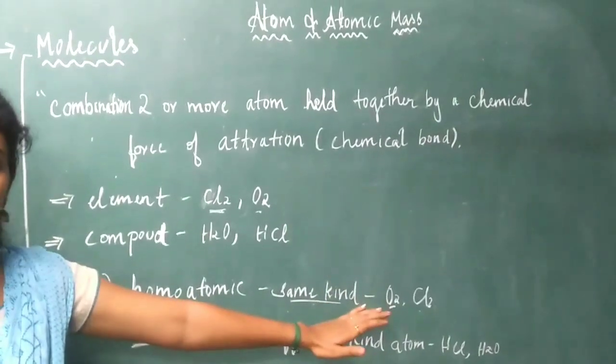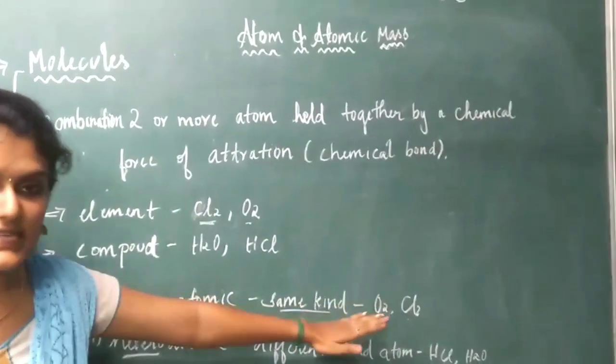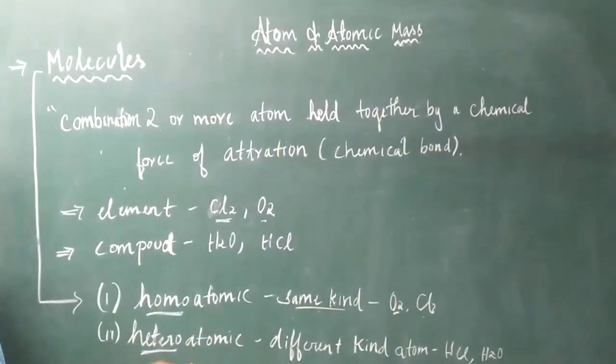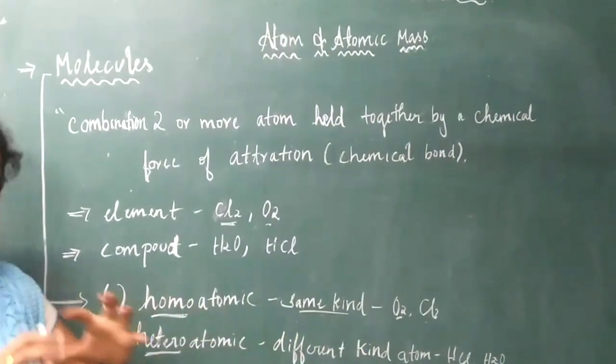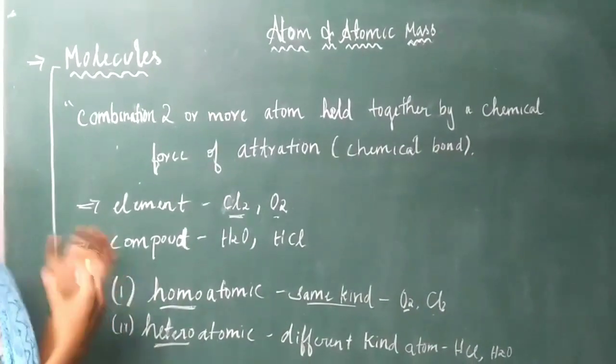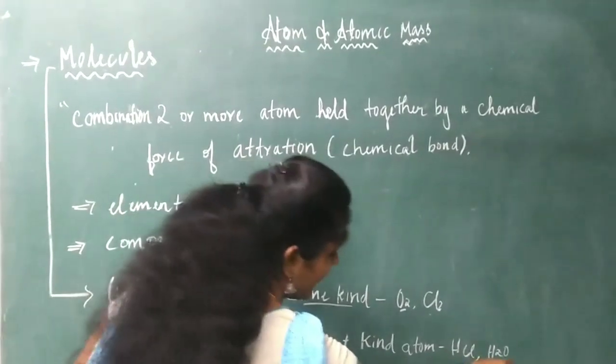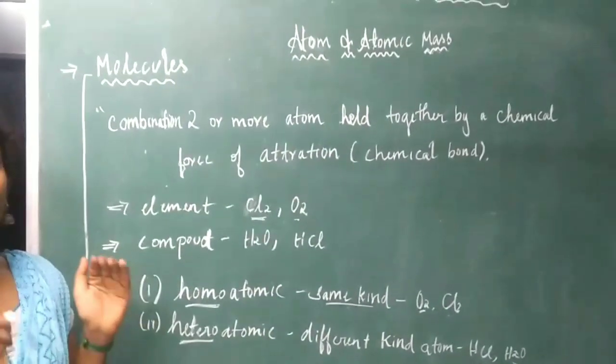O2 is the same element, two oxygen. Cl2 is the same element, two chlorine. Next, heteroatomic means different kinds of atoms combined to form the molecule. Examples: HCl and H2O.